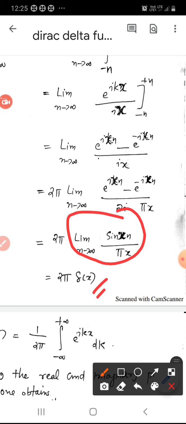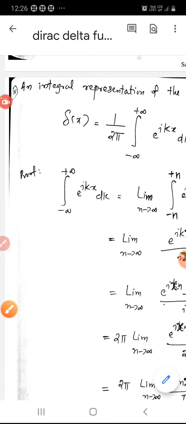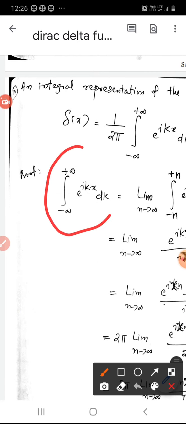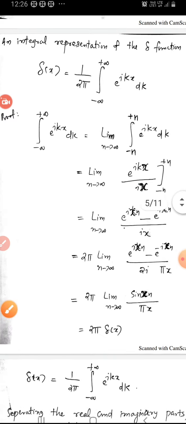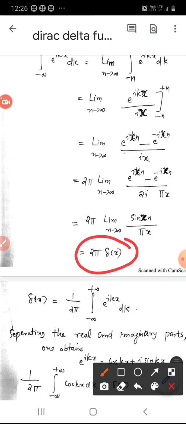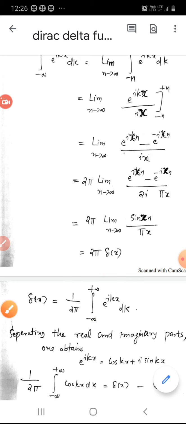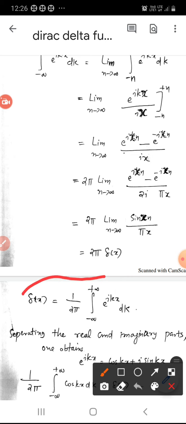So we have 2π δ(x). We started from the integral from minus infinity to plus infinity of exp(ikx) dk, and we got 2π δ(x). So one can say δ(x) is equal to 1/2π times the integral from minus infinity to plus infinity of exp(ikx) dk.